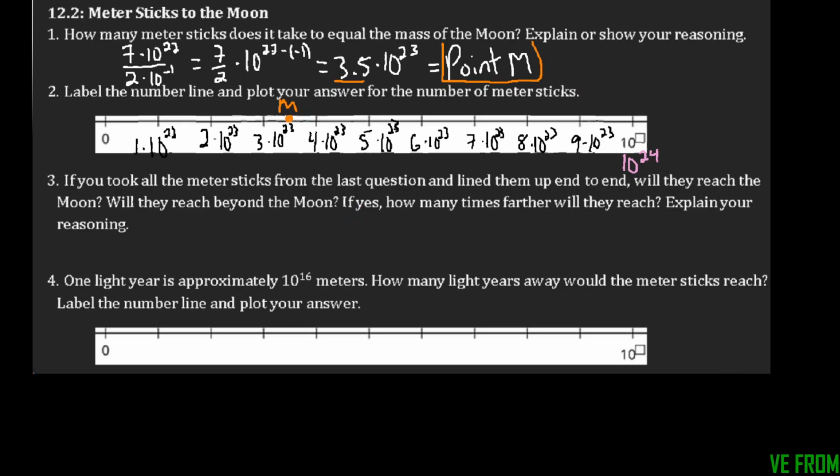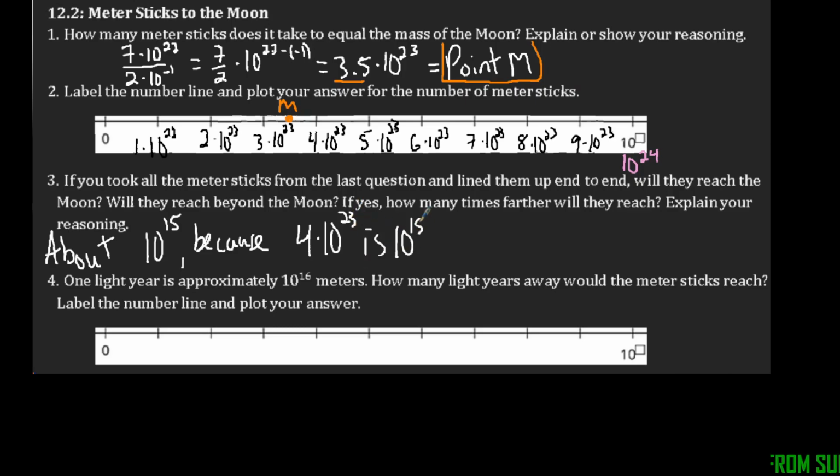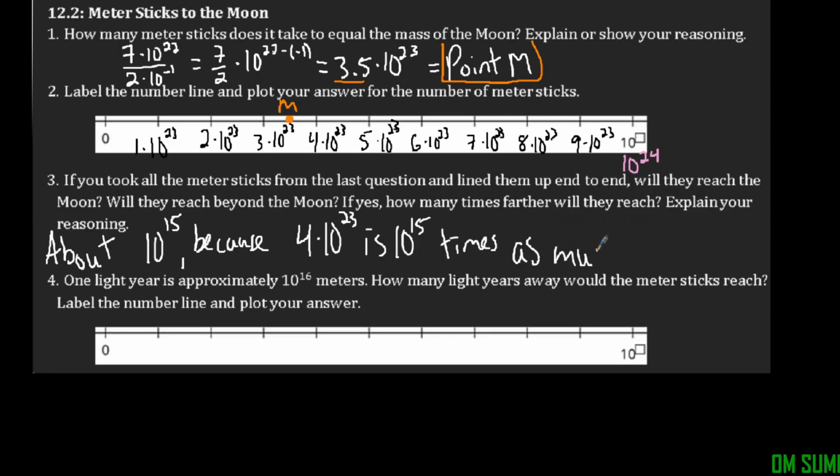So we're going to say it's going to be about 10 to the 15th power, because 4 times 10 to the 23rd is 10 to the 15th times as much as 4 times 10 to the 8th power.